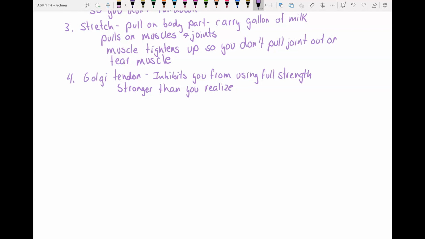So you're only using maybe about 60% or so of your full strength in daily life. Your brain purposely inhibits you from using your full strength. This is because if you did use your full strength, you would hurt yourself.